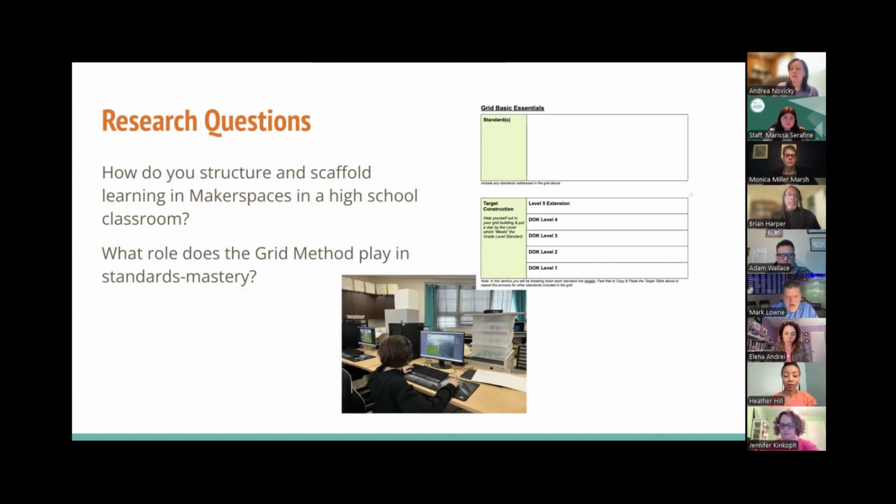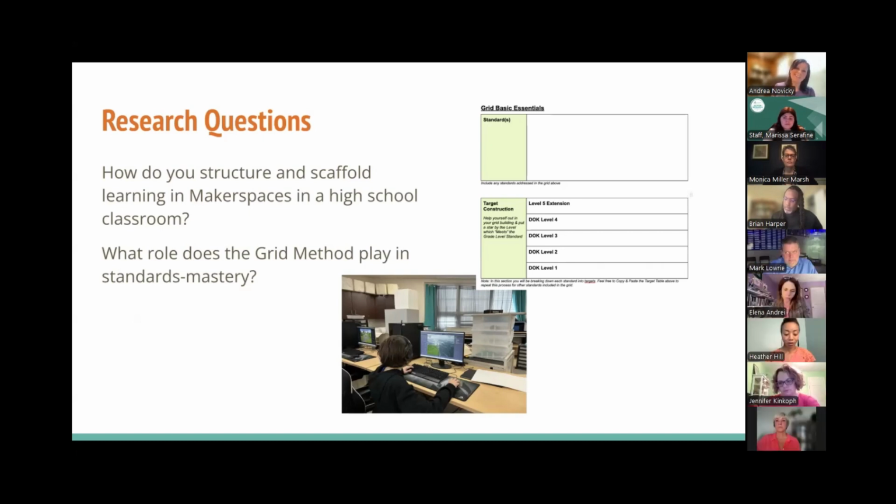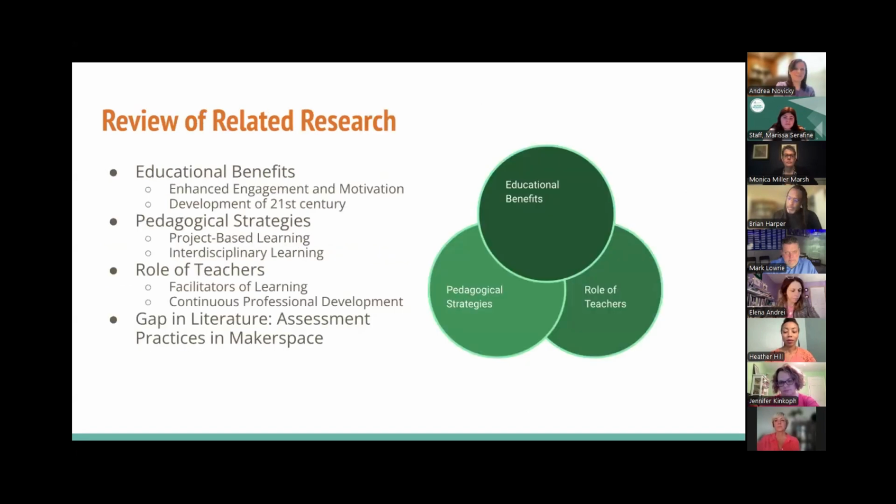One specific way we looked at is assessing that environment. Our second research question was, what role does the grid method play in standards mastery? How do you structure that environment to scaffold self-direction and self-exploration and foster a sense of independence, with a differentiated approach so that all students are where they need to be when they need to be there? Those are the things we looked at.